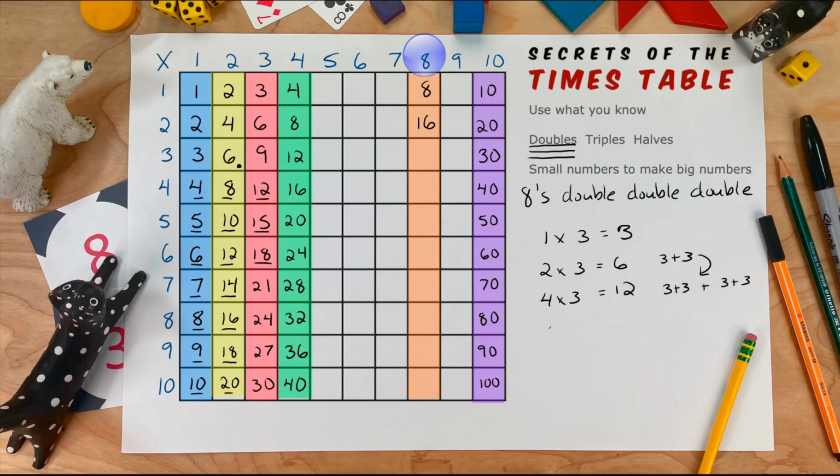We also know now that 8 times 3 is going to be double all of this. 3 plus 3 plus 3 plus 3 plus 3 plus 3 plus 3 plus 3. Double the number of times 4 made it. 3 plus 3 is 6. 6 more is 12. 12 more is 18. And 18 plus 6 gives us 24, which is double 12.